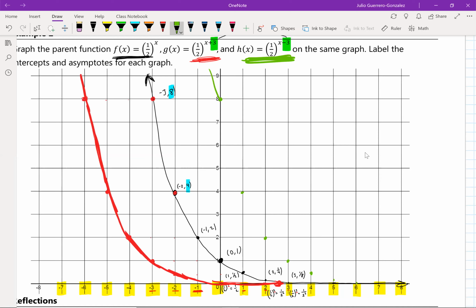And kindergarten, connect the dots. Actually, let me change that one.